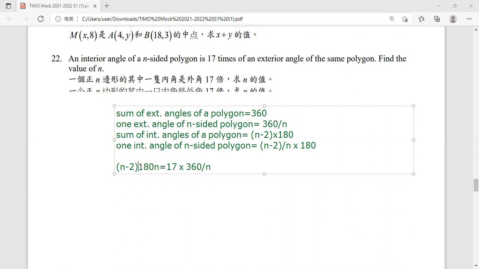Oops, should be okay. Now you just divide by 160 over n, so n minus 2 equals 34, and n equals 6. So the answer is 36.